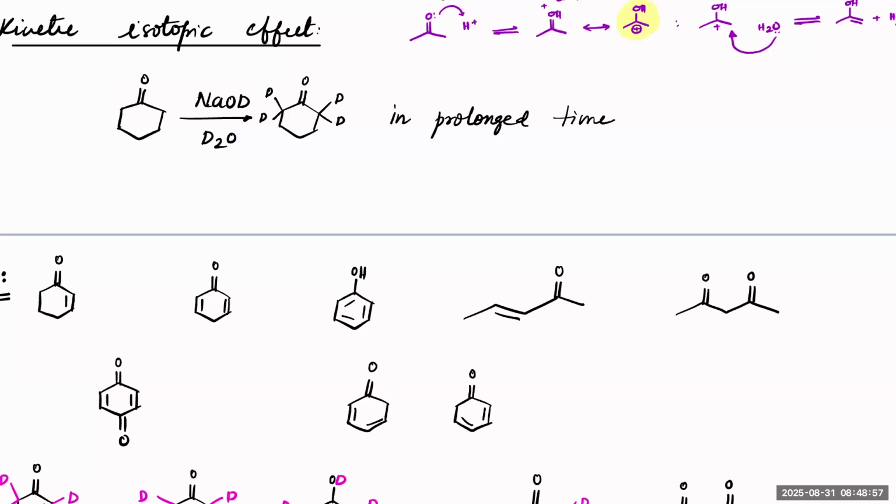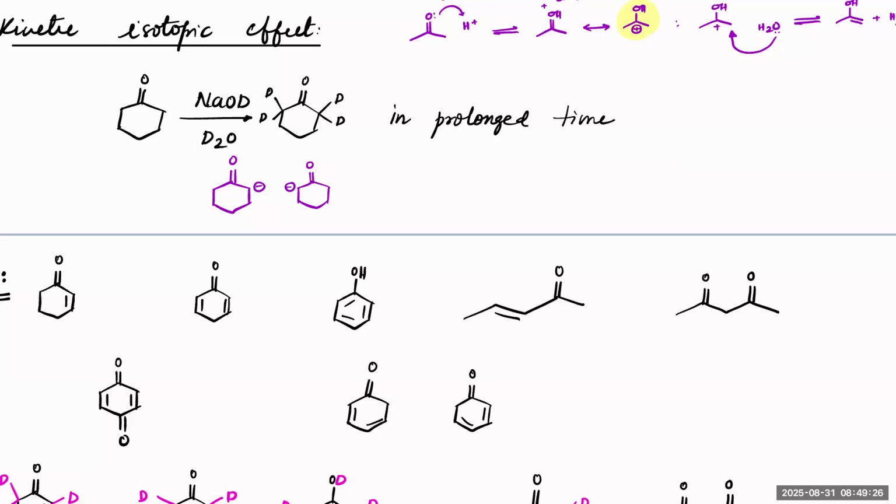And during the mechanism, you know that you will get an enolate ion like this, double bond O. You can get minus here once, and you can get minus on the left hand side once, correct? So wherever the negative charge is coming, at those points you can get deuterium exchanged. So as many hydrogens as we have, all those will get exchanged by deuterium.